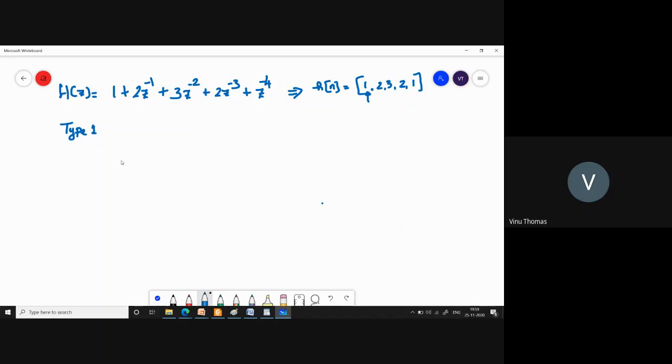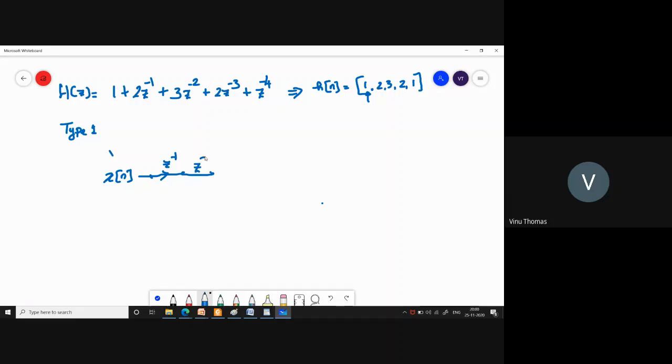We will try to represent this using the direct form representation. So we have x of n as the input to a filter structure. Then you have z raised to minus 1, then another delay element.